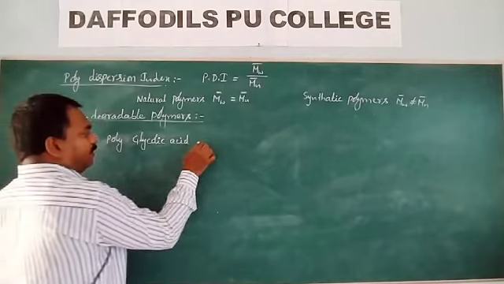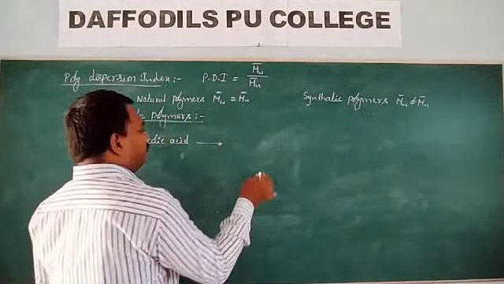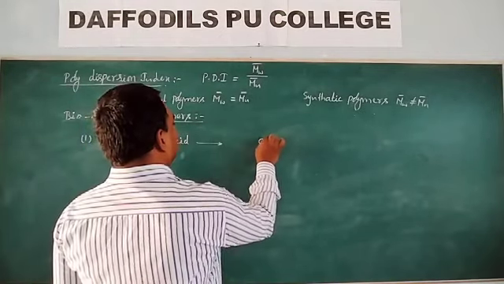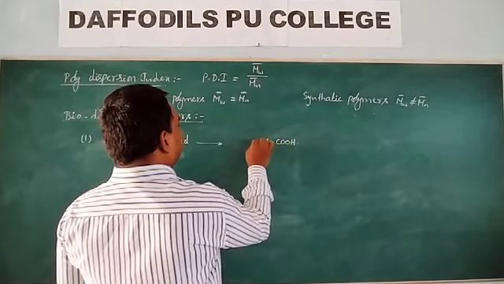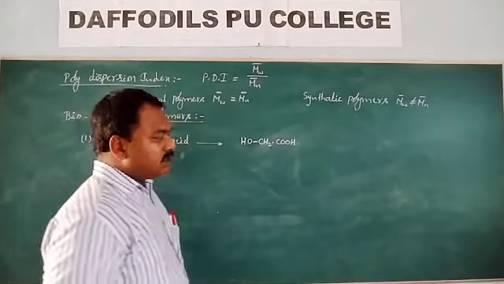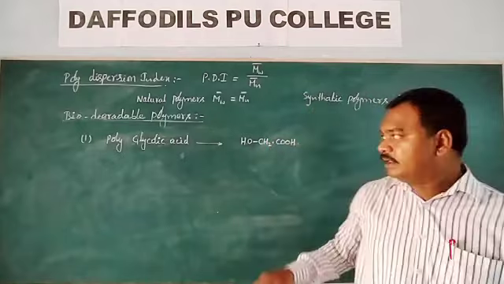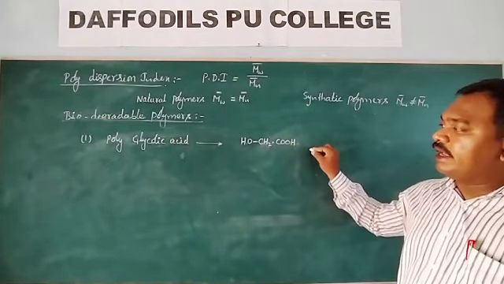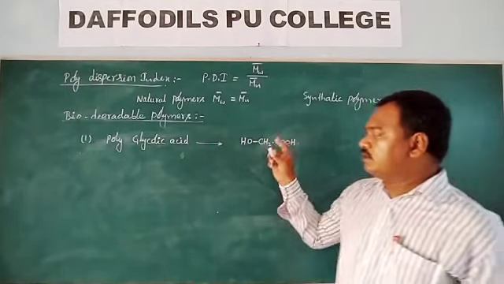This polyglycolic acid contains the monomer glycolic acid. This is glycolic acid. This glycolic acid polymer is polyglycolic acid. This is the monomer.